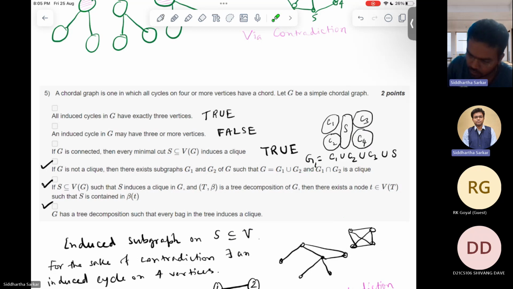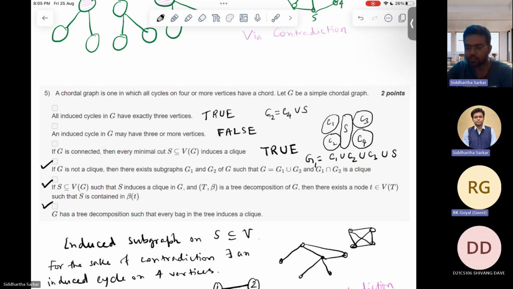It is this portion of the graph. And the other one is the minimal cut and C4, so that is G2: C4 union that minimal cut.